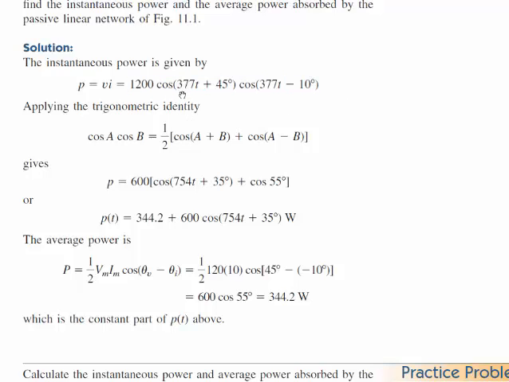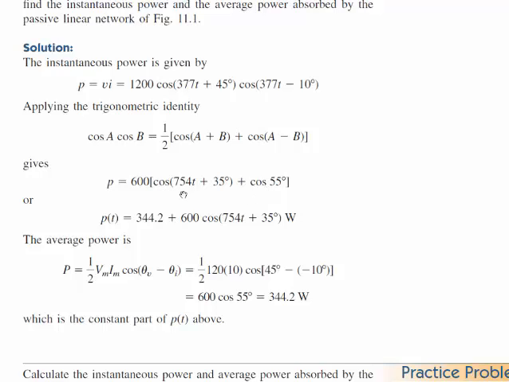So I have a cosine function representing the voltage and a cosine function representing the current in the circuit, and they have different phases relative to each other, which is exactly what happens. So you apply the trig identity to this cosine A times cosine B, and you'll get this answer right here.